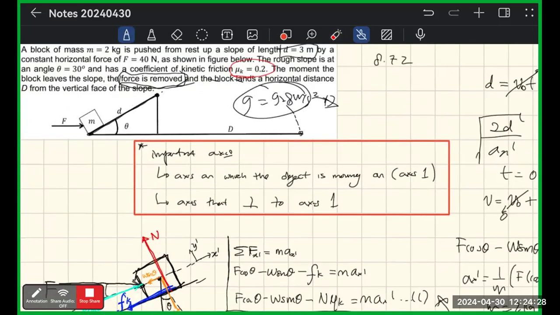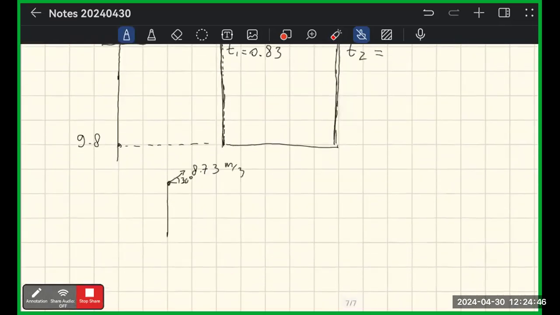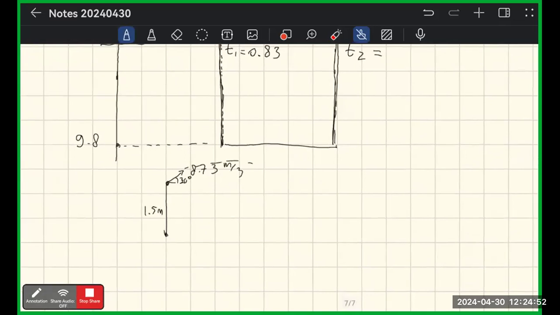D is 3 meter, and this is 3 meter times sine 30, which is 1.5. So this is the second phenomenon.